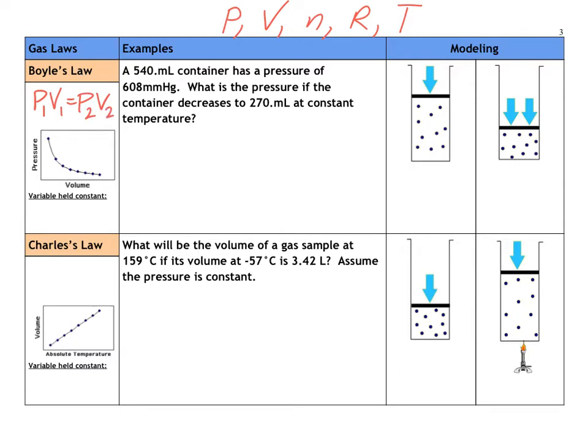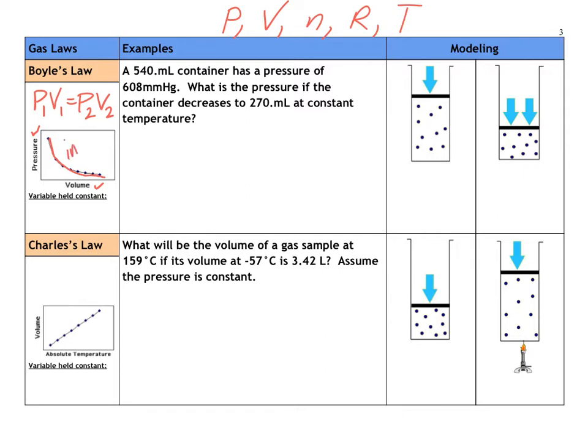This gas law can be graphically interpreted as you see below the equation. In the graph, you'll notice that volume is on the x-axis and pressure is dependent on any amount of volume. So as I increase in volume, you'll notice that the pressure decreases.